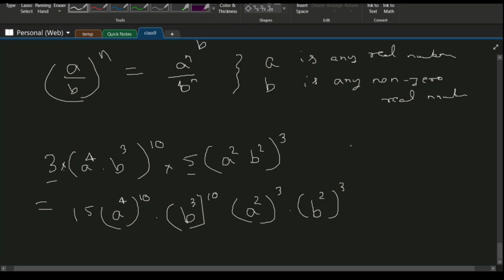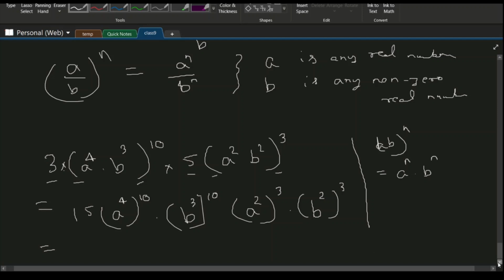All I have used is this particular law, (ab) to the power n equals a raised to the power n, b raised to the power n. I opened this bracket first and put the power on both these numbers, and then this power 3 will sit on top of a square as well as b square.